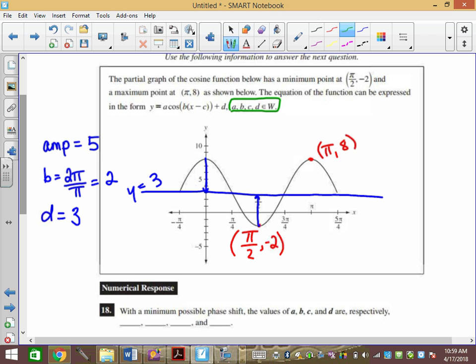So they're indirectly telling you A has to be positive. If A has to be positive, we're looking for a positive cos, and we look for the closest maximum. Where is the maximum? On it. What's my C? 0. Tricky. 5, 2, 0, 3.